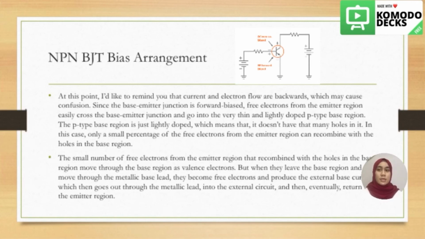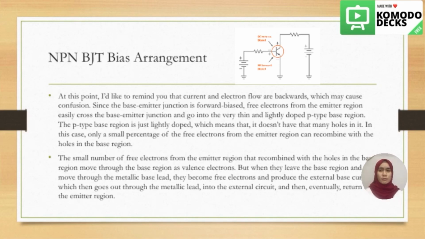In this case, only a small percentage of the free electrons from the emitter region can recombine with the holes in the base region. The small number of free electrons from the emitter region that recombine with the holes in the base region move through the base region as valence electrons.